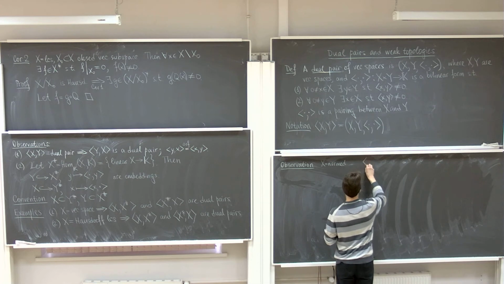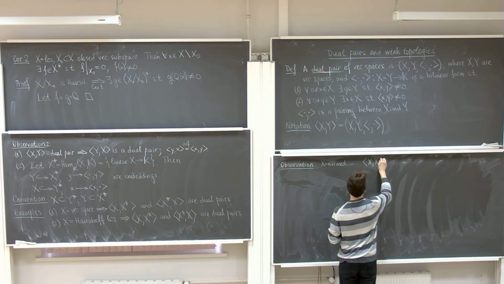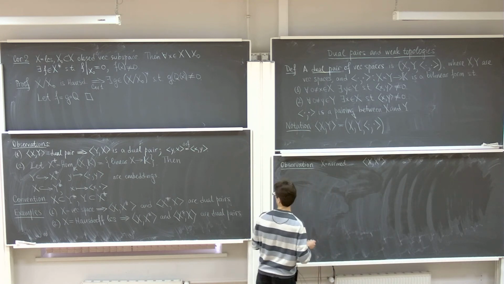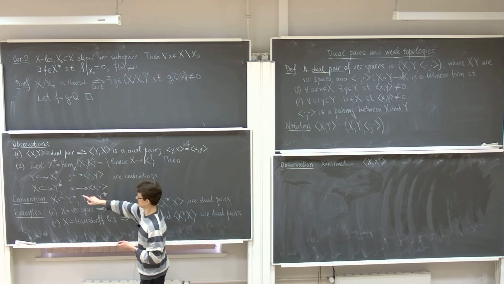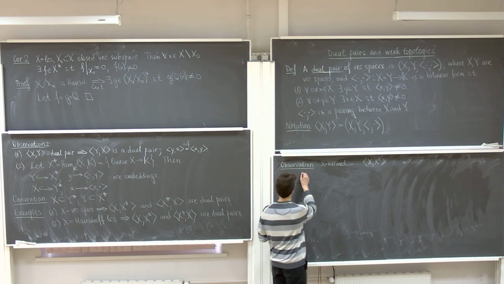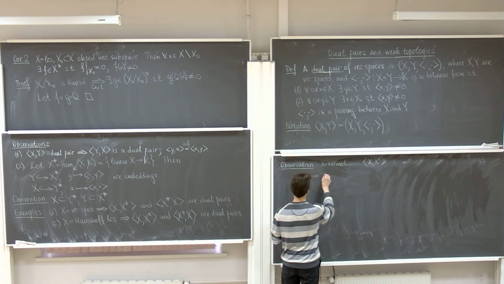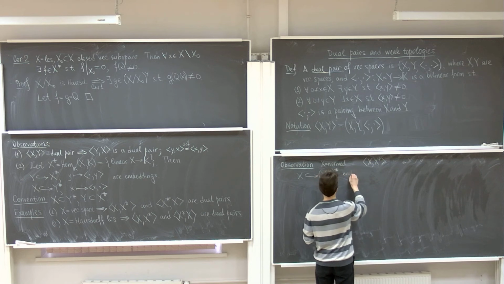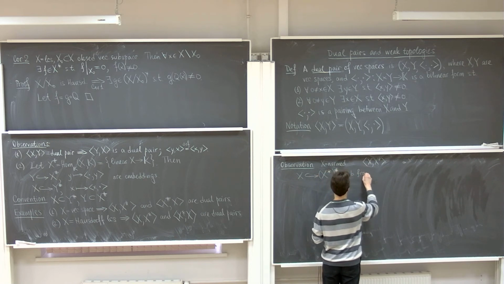Of course, we can consider the following dual pair, X and X star. And we can look at this embedding of X into the algebraic dual of the topological dual. This is the embedding from observation 2.